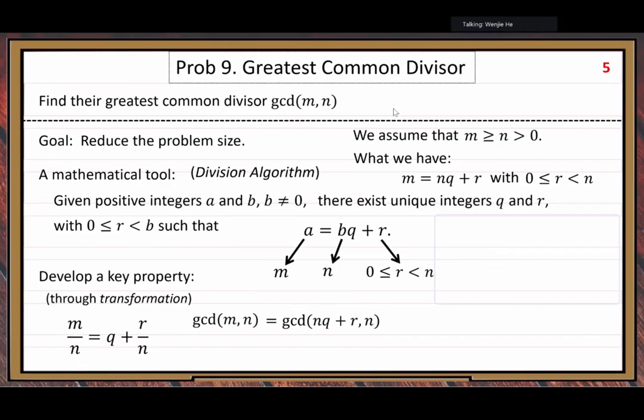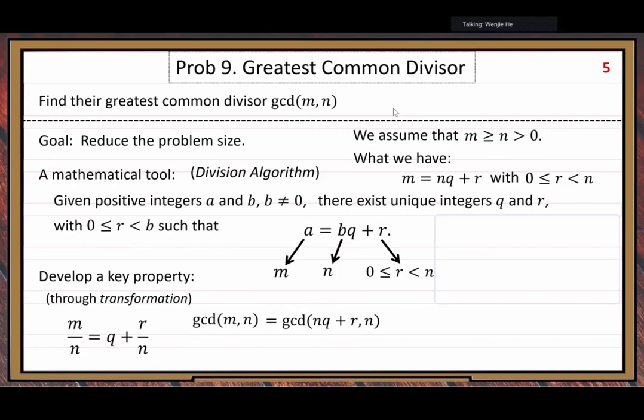So our quotient q appears as an integer, integer q plus a smaller fraction, r over n. So this formula tells us some simple fact. We need to study this formula.